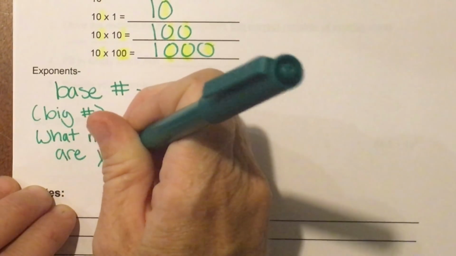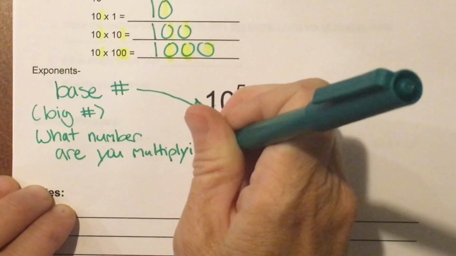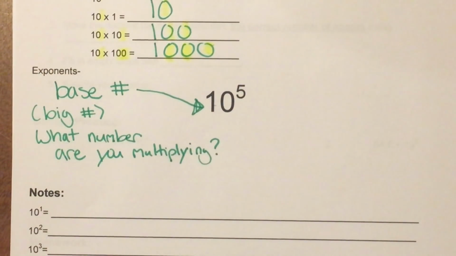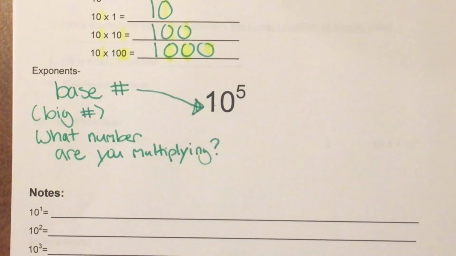What number are you multiplying? That's what the base number tells us. So we're going to only be multiplying numbers of 10 right now.